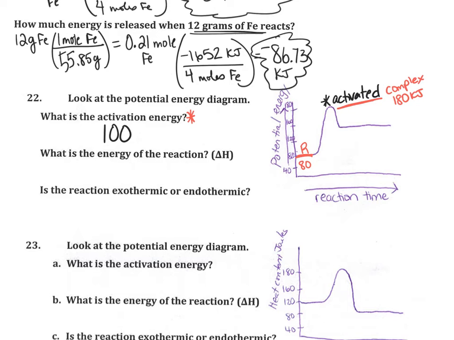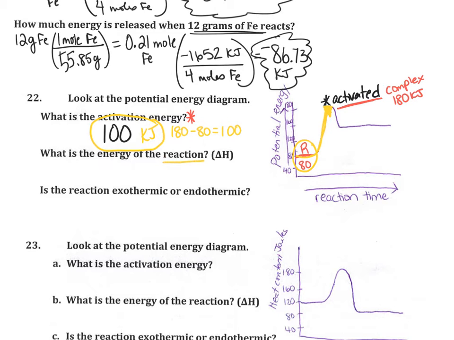Remember, the activation energy is the energy needed to get the reaction going. So it's the energy from the reactants right here up to the activated complex. So what I did was I took 180 minus the 80 that I started at, and I got that this energy here to get from the reactants up to being activated would be 100 kilojoules of energy.